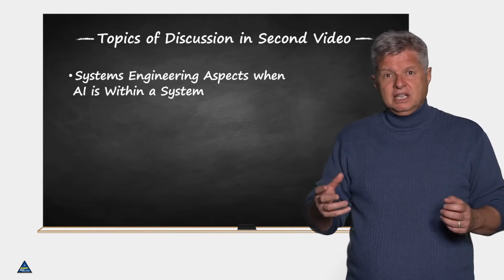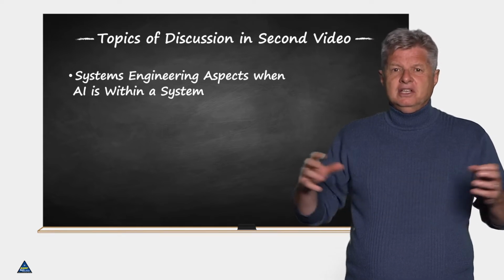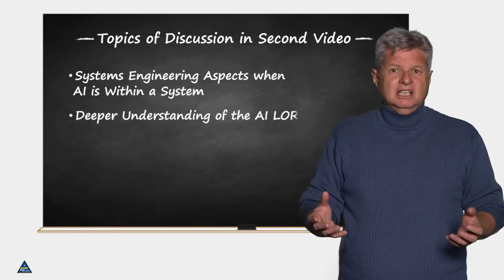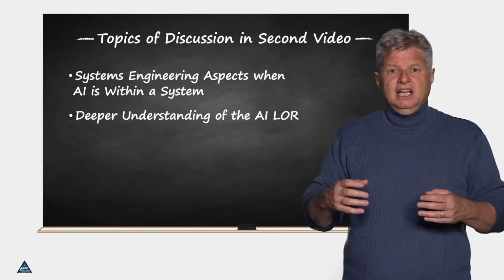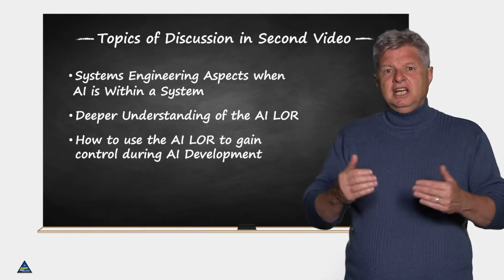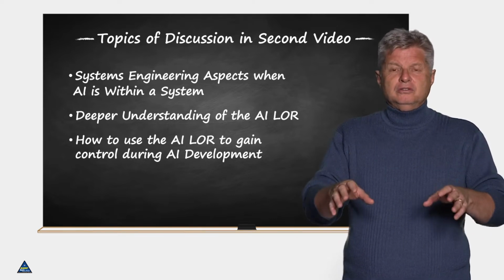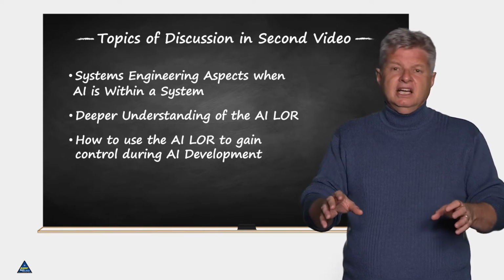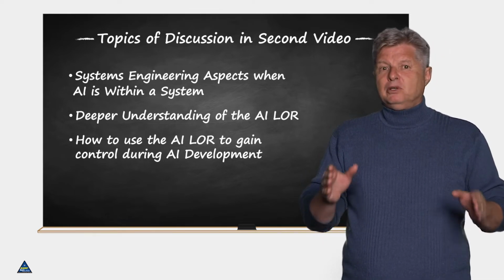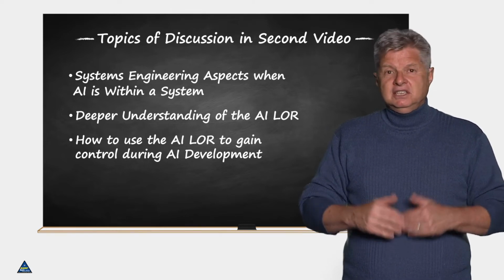You know, a lot of people talk about developing AI, but what does it look like actually within a system? So we're going to get down into more of the nitty-gritty of the AI LORE and the measurements, the structure. How can you use the AI LORE, in essence, to give you control over a process of developing AI, to make you in charge, to ensure that you have the ability to be personally successful in managing an AI project? So it's an exciting series.